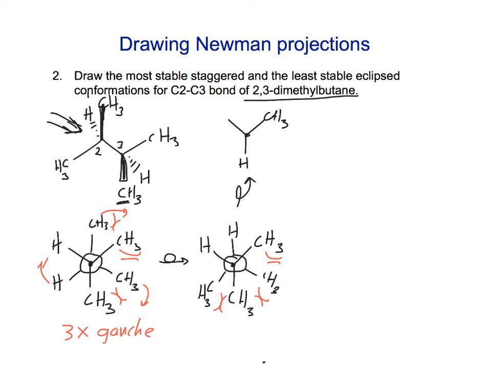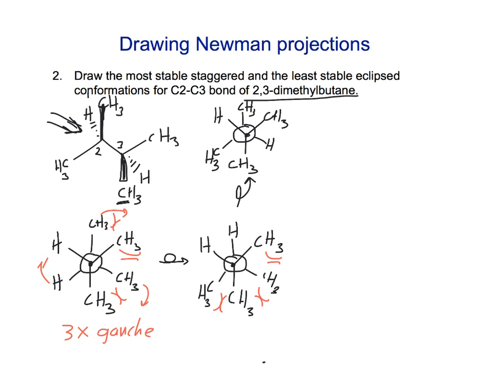So this is a CH3 down here and an H over here. We're going to rotate the back one more time, and so we're going to have a CH3 up here, a CH3 over here, and an H over here.